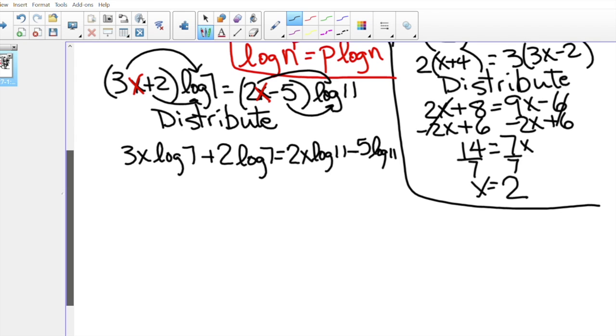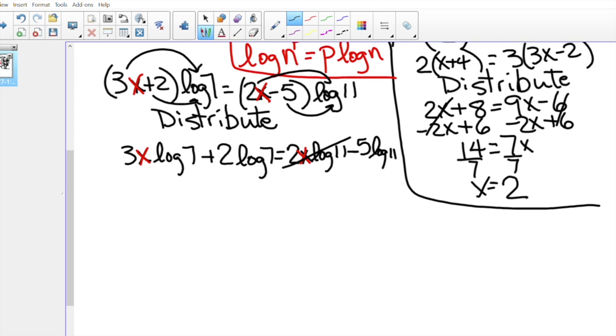Now, you notice, again, I'm going to use this red to emphasize it, you have an x on both sides of the equal marks. That cannot be. We have to get rid of one or the other. Majority of the time it's the one on the right.